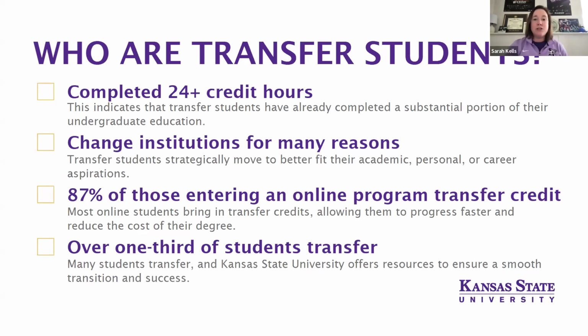But transfer students usually have a good portion of their credits completed. That's usually some of their general education requirements, maybe some of those core classes that are very specific to their major. And that's when a lot of them also start at community colleges to get those done, and they might be transferring to a 4-year school after that.